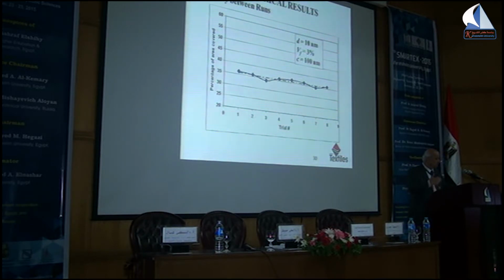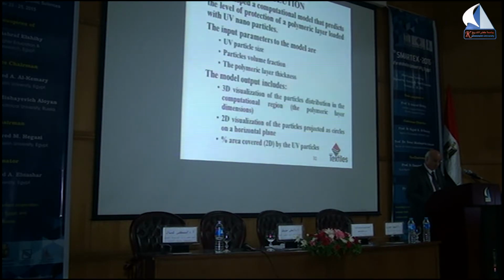So our model is repeatable. The randomness is true randomness, because we were suspecting that we are removing some of the particles because it shares a volume. So we checked that and made sure the model is reliable, which we found out it is.